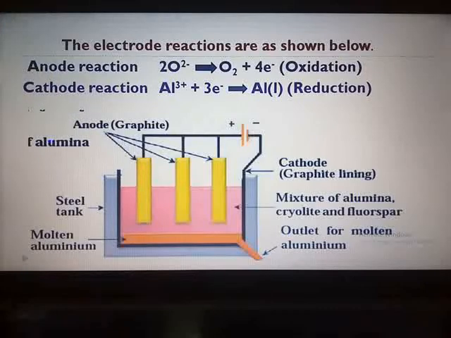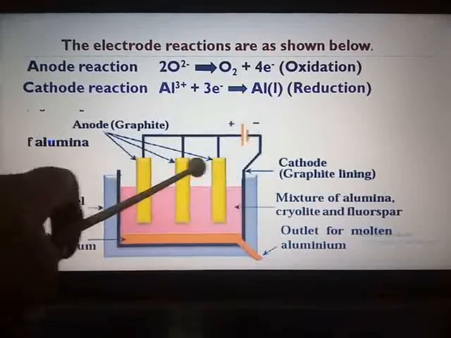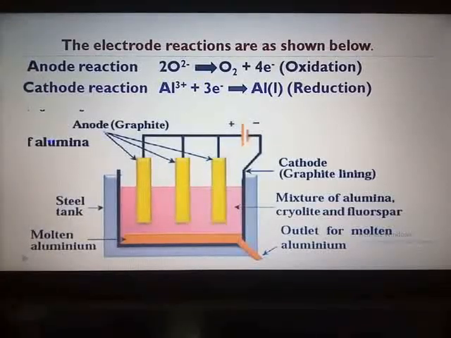Now as I have told you, the liberated oxygen reacts with this graphite. In last year you have studied about graphite. What is graphite? Graphite is nothing but a form of carbon. You have studied diamond, graphite and fullerene. So you know graphite means nothing but carbon.